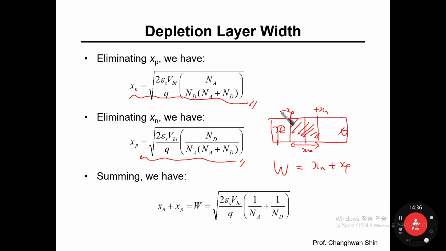So you notice that minus indicates the left-hand side with respect to the interface. But here W means the magnitude of the total width of the depletion layer. So we can simply use xp only. So just by summing those two values, we're going to get the depletion layer width. Okay, right.